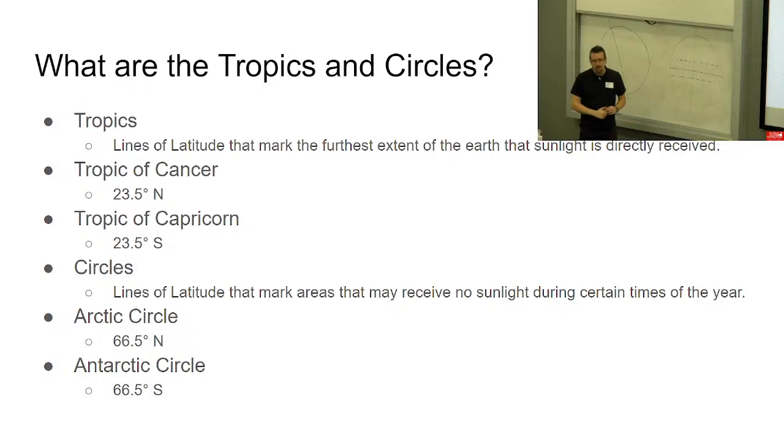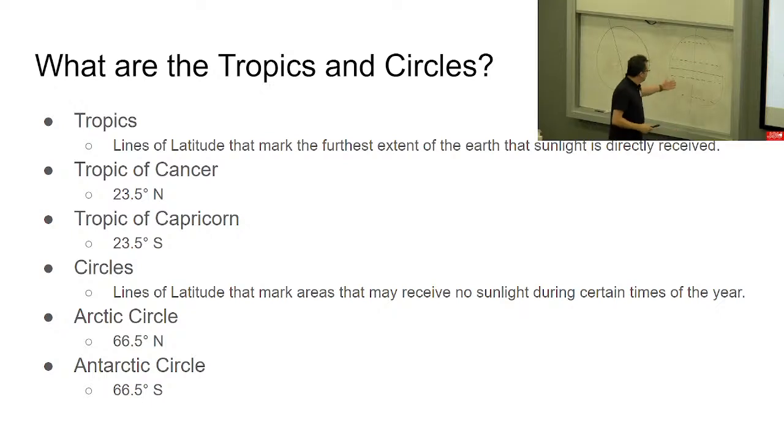But there are two other important lines that you need to know. We have the Arctic and the Antarctic circles. Not exactly an inspired name for a circle, but the anti-Arctic. How boring. Okay. And they are at the upper reaches of our globe.